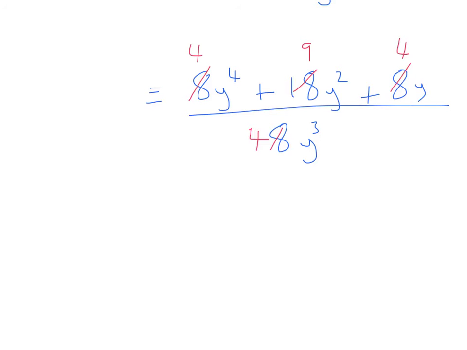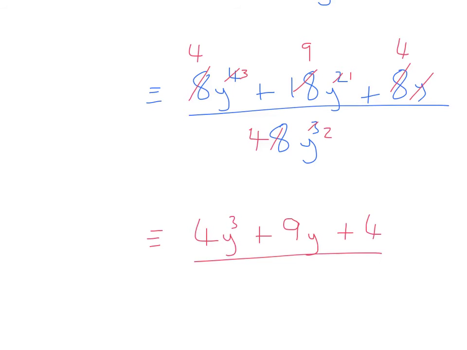That means we can divide by y. So that disappears completely. This becomes y to the power of 1, y cubed, and y squared. So in the end we have 4y cubed plus 9y plus 4 all over 4y squared.